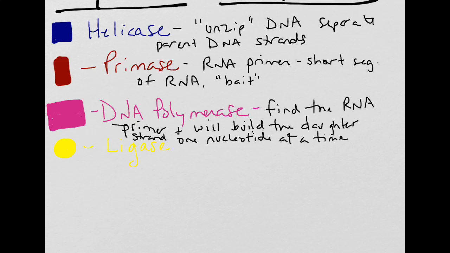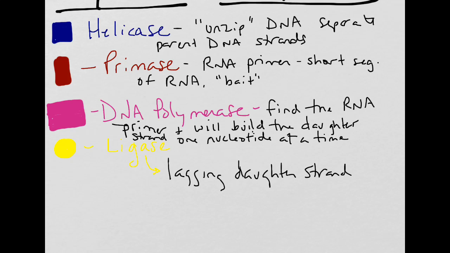And then finally, ligase. We'll see that on one side, and that side is called the discontinuous synthesis side, or the strand is called the lagging strand, the lagging daughter strand. It will be made in segments.